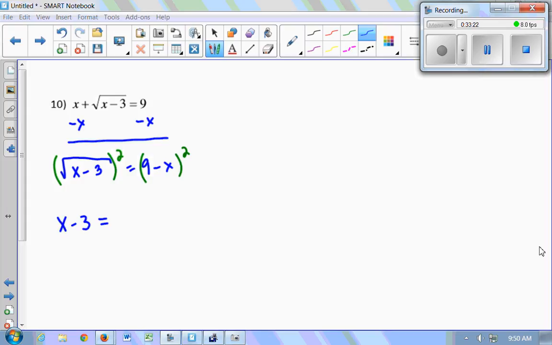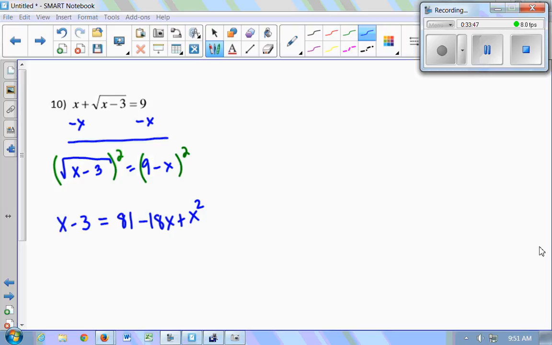I have a little rhyme. I don't know why it has stuck in my head since 8th grade, but it's square the first, square the last one, the negative x is squared, take the product, 9 times negative x is negative 9x, and double it, negative 18x.